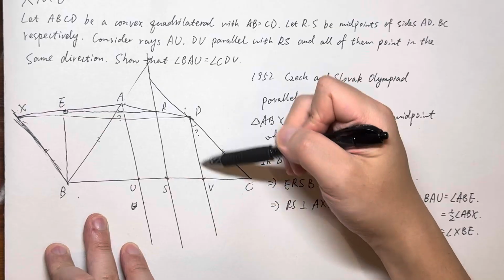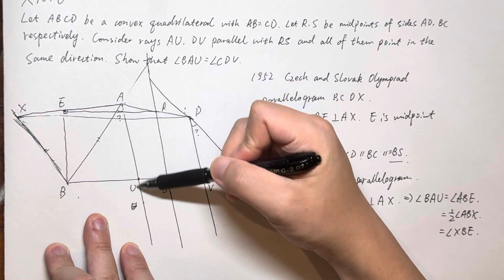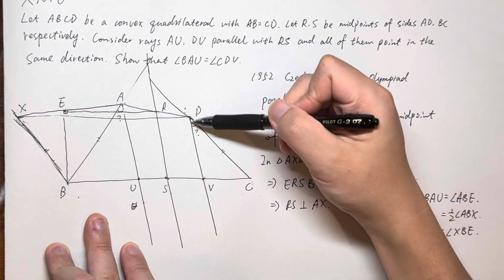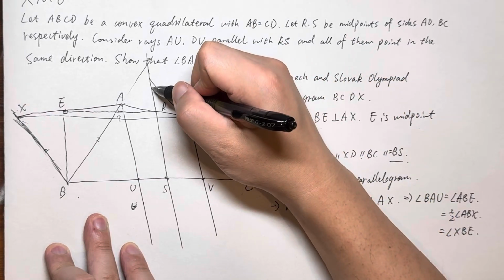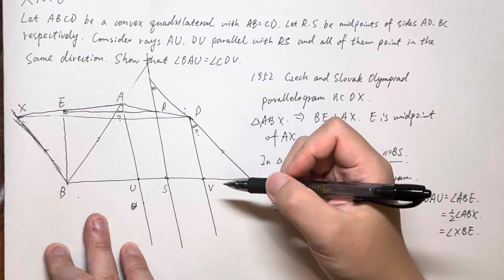Because DV is in parallel with RS and AU is in parallel with RS, the angle CDV equals this angle, right? So this angle equals this angle.